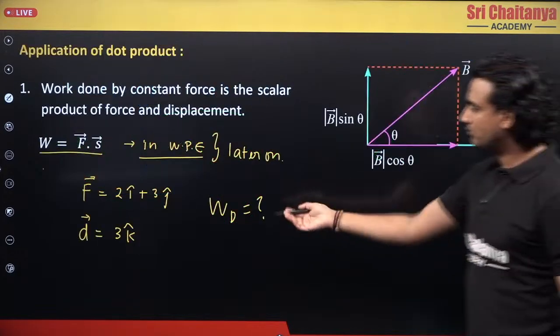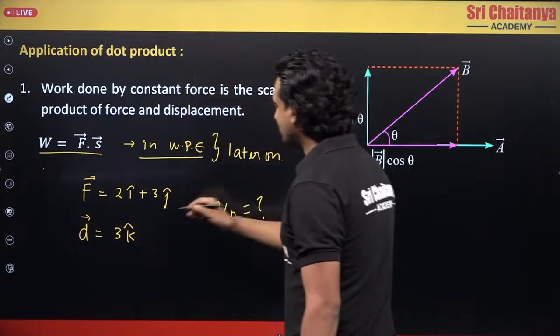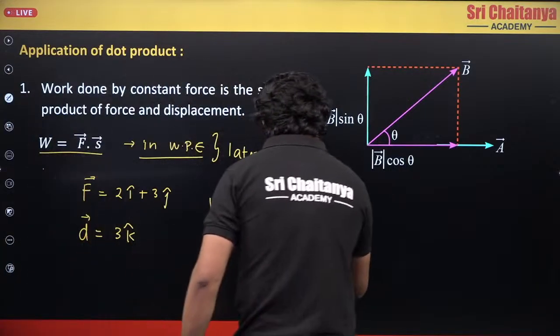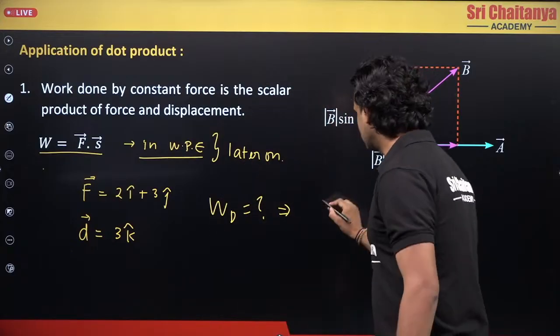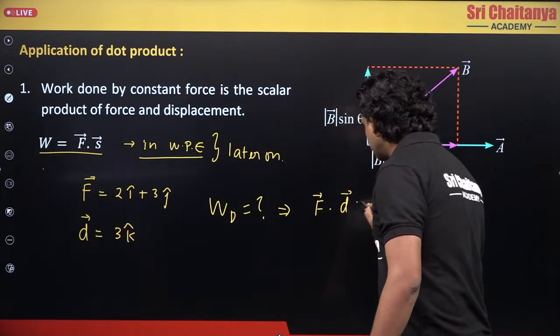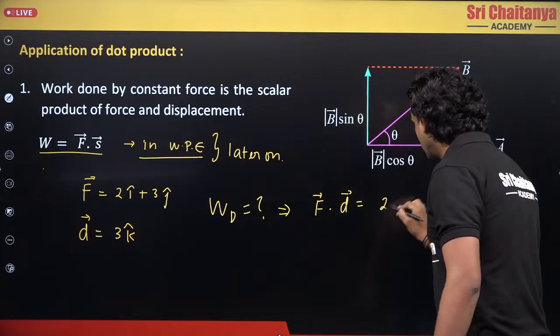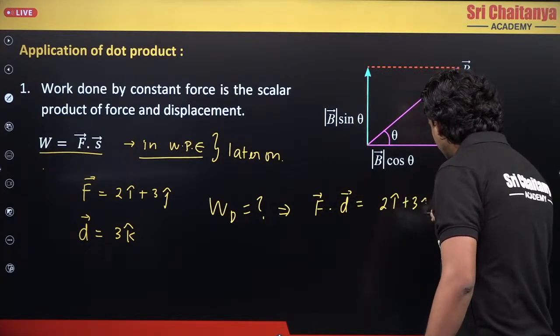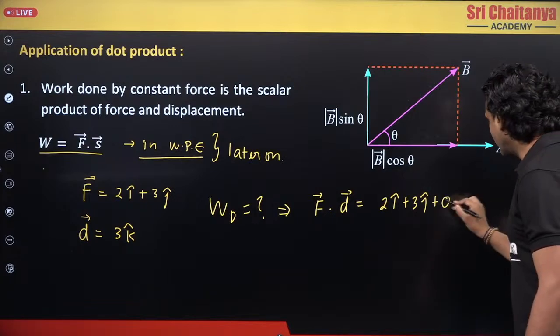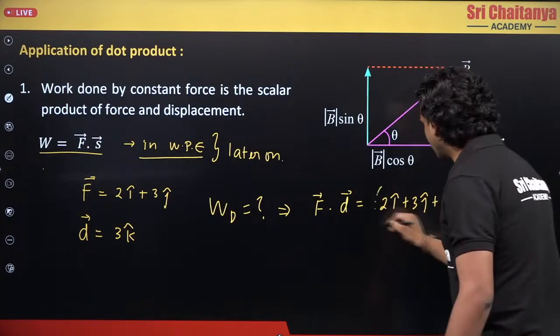Now understand here, if I want to find the work done, it is F dot d. These are the two vectors which I have. The force vector is 2i cap plus 3j cap, and the k component is 0, so 0k cap.